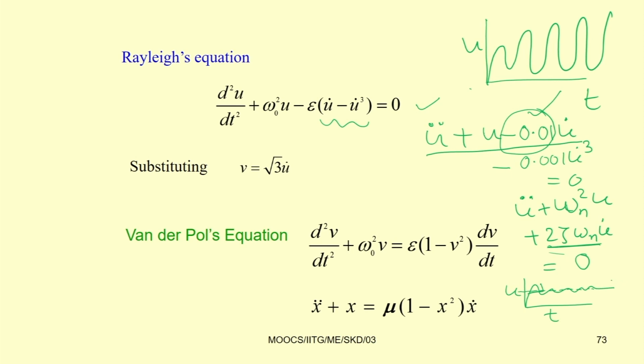But in this case the response amplitude is increasing with time, it may increase exponentially also. As the response amplitude is increasing with time, this type of system is known as an unstable system. So, the system has a stable response in one case, but in this case the system has an unstable response.